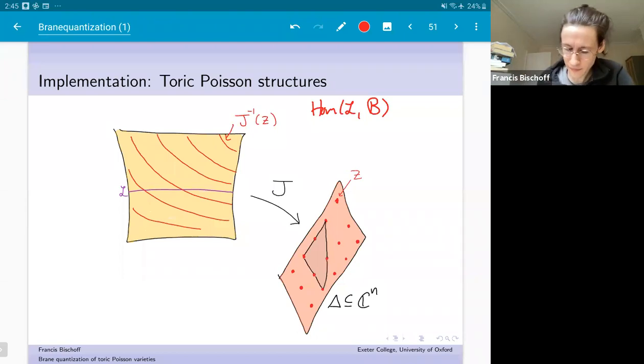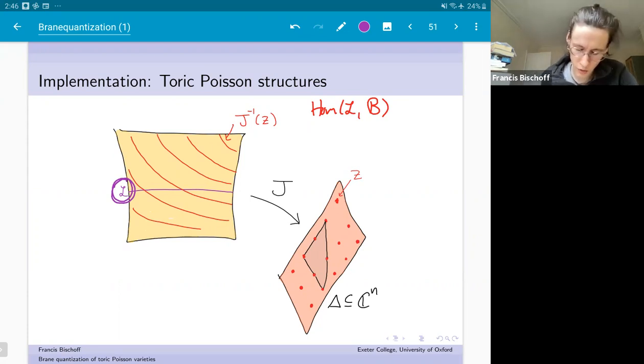But the key thing really is that we're using this L as a way of selecting which of the leaves of the polarization. It's kind of interesting, if this L wasn't here, if we weren't using this L, then we would just be doing geometric quantization of this bigger space, and in that case we have these two different polarizations, the one given by the vertical and the one given by these other fibers, and in this case we see that it's not independent of polarization.